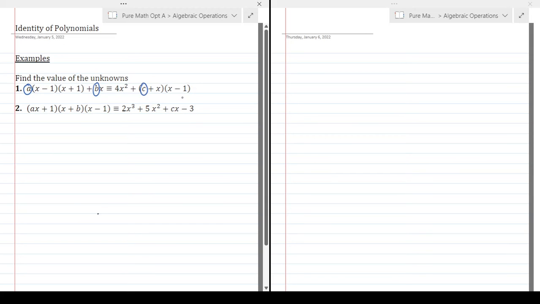So I don't ever take something from one side and put it on the other. If you are doing that, cease and desist. Mathematically speaking, an identity is not to be interfered with in that manner.